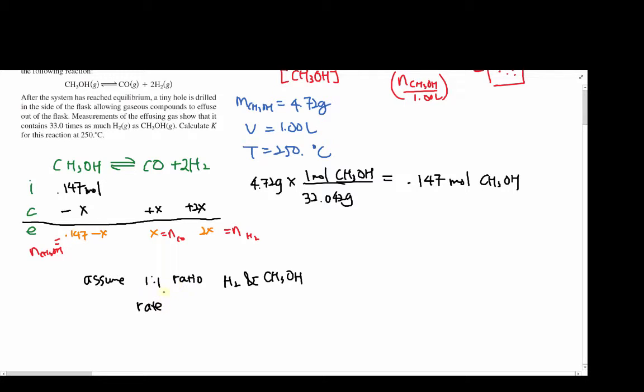So the general rule is rate of 2 over rate of 1, the second molecule and first molecule, and they have an inverse relationship with each one's molar mass. Because we are studying the hydrogen and methanol, I'm gonna put the rate of hydrogen on top, rate of methanol on bottom.